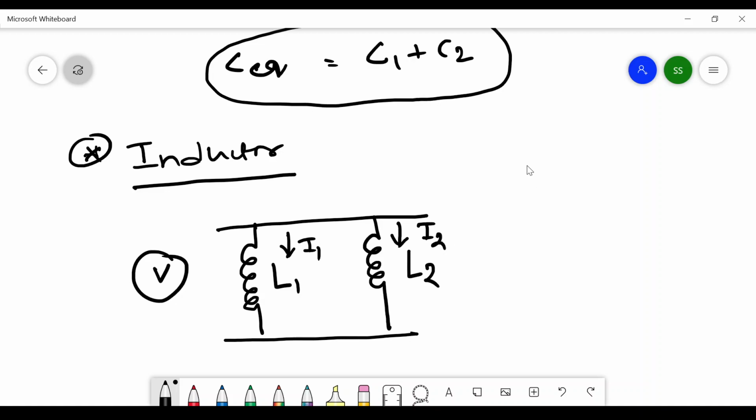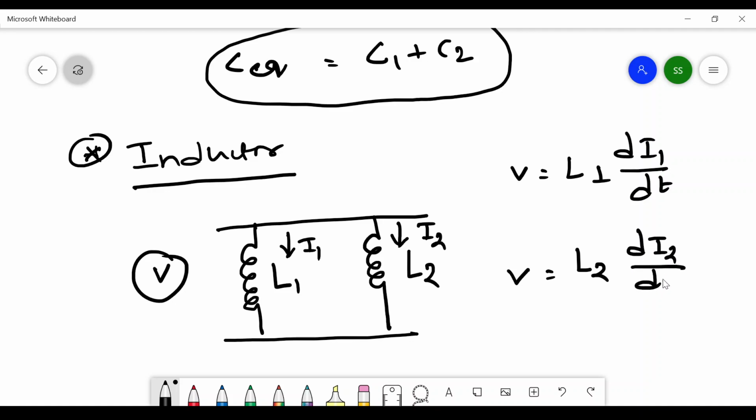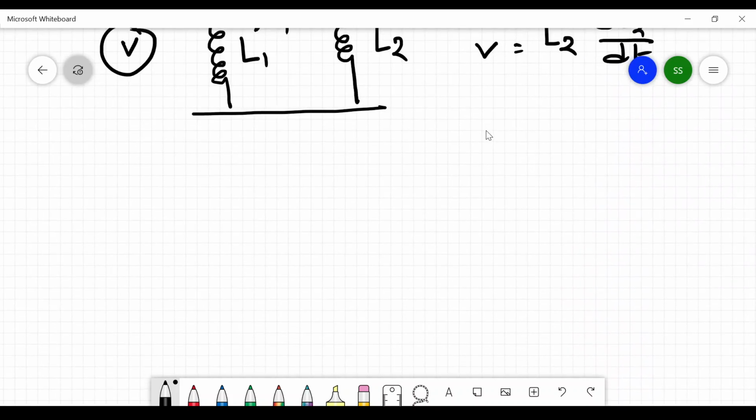So V equals L1 di1/dt, and again V equals L2 di2/dt. Remember these two equations.